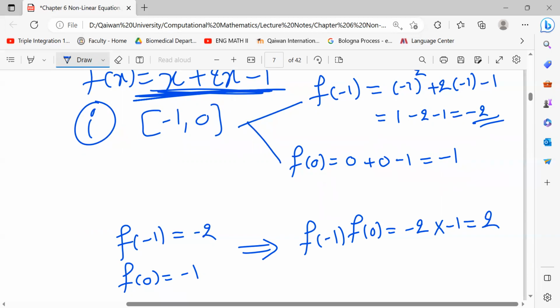It is 2. Is it less than 0 or greater than 0? It's greater. So we have no solution in that interval. Okay? This is greater than 0.